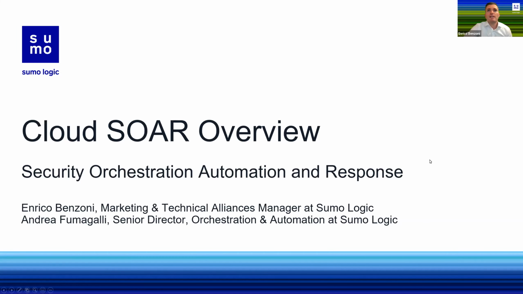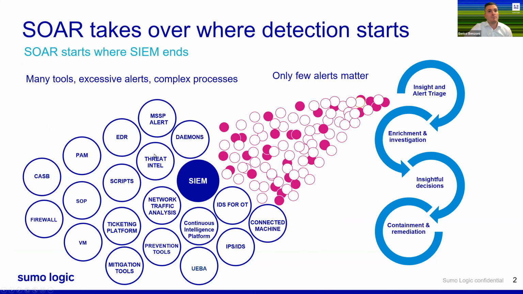posture. So let me introduce the SOAR that starts where the SIEM ends, basically ingesting alerts, or in the case of the cloud SIEM, ingesting the insight, and making the first triage in order to analyze the type of threat and suggest the right processes to activate to your cyber team.